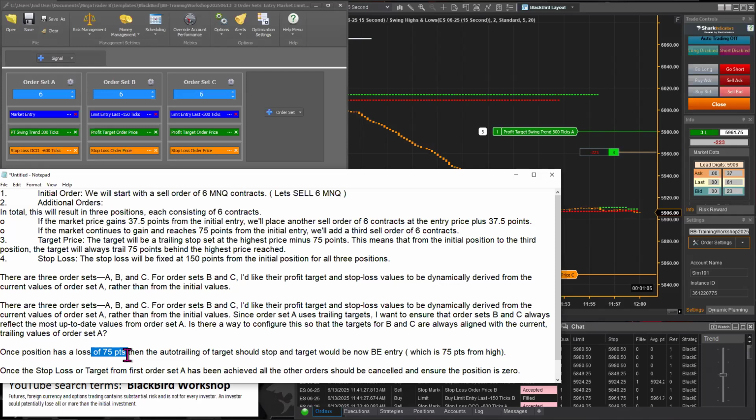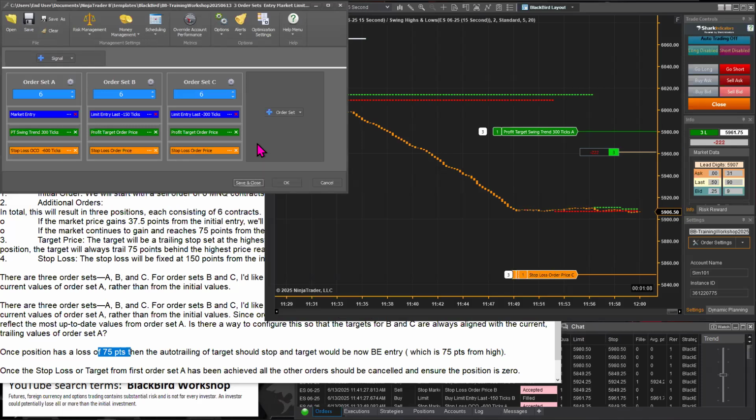So I think I can monitor for 70 points of loss, or I can monitor for when our entry order for C is filled, right? Because our entry order for C is at 75 points, right? So this value and this value match up here.